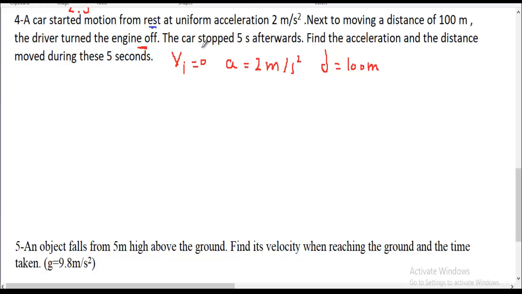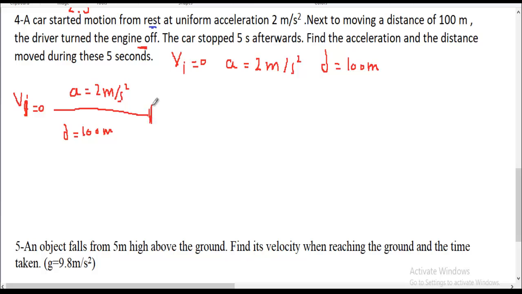Okay, in this problem you have two problems in one. Let's draw this problem. First the car started motion from rest, Vi equals 0, and moved with acceleration 2 meters per second squared for a distance of 100 meters.